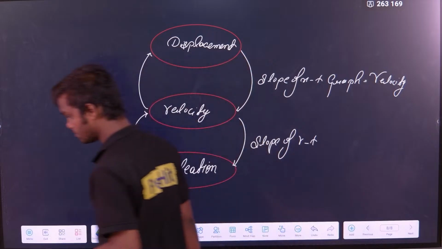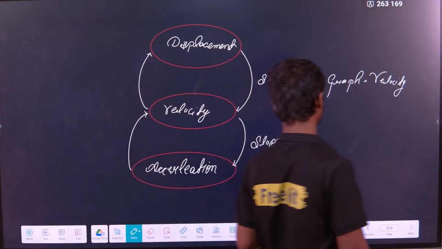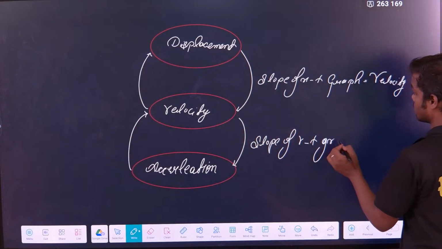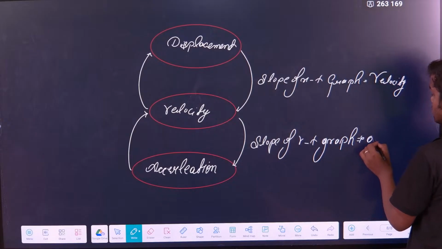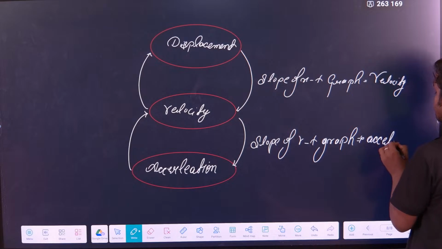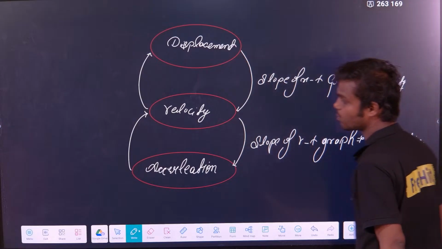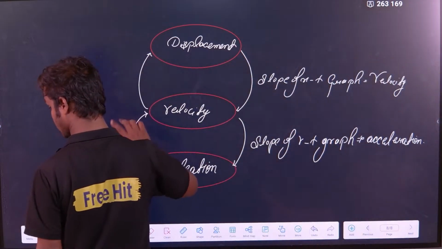One minute. The slope of the vt graph is defined as acceleration.